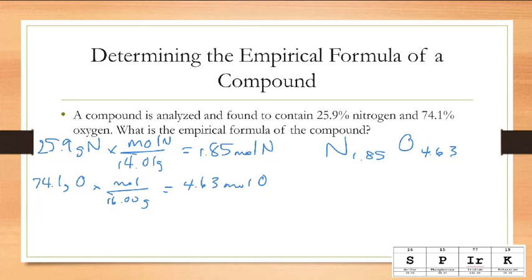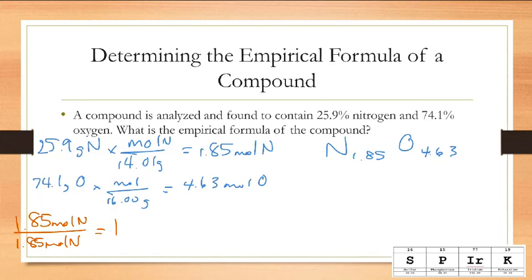So when we look at the moles of N and the moles of O, we see that we have a lower number of moles of N. So our second step is to take that 1.85 moles of N, divide it by 1.85 moles of N, which gives us 1.